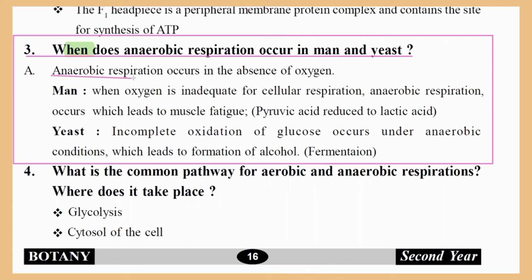Anaerobic respiration occurs in the absence of oxygen. The respiration which occurs in the absence of oxygen is called anaerobic respiration. So in man, mainly when oxygen is inadequate, not sufficient for cellular respiration, anaerobic respiration occurs, which leads to muscle fatigue, where mainly pyruvic acid is converted into lactic acid.